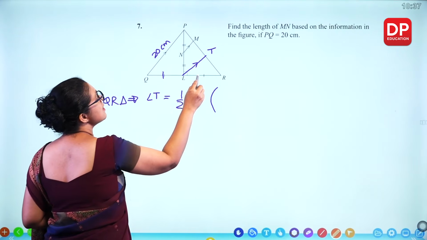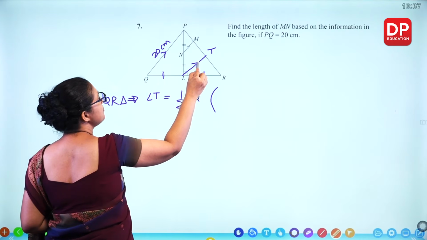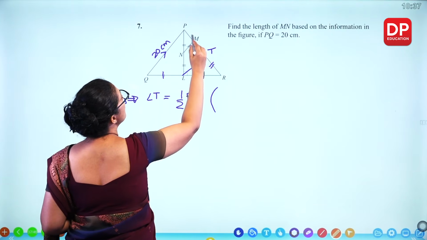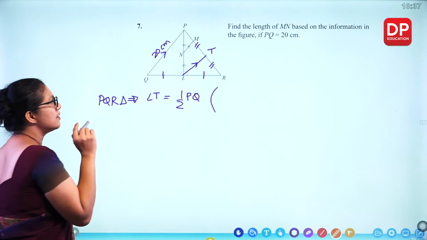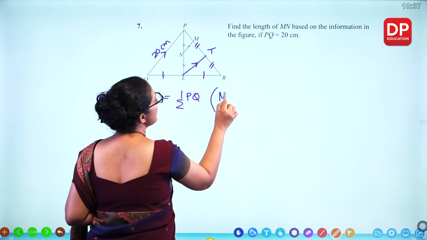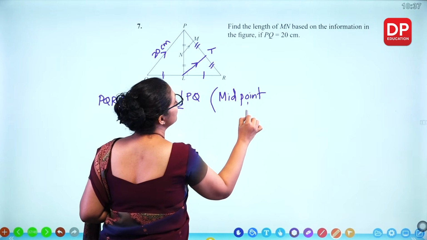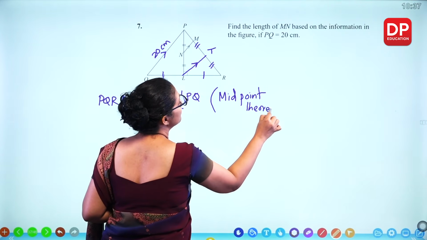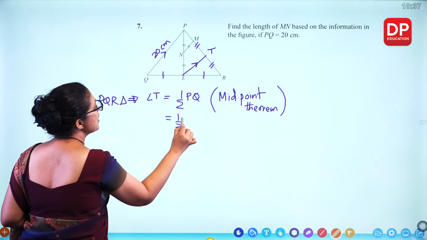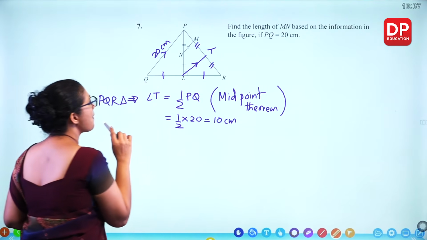If this length is equal to this one and this is parallel, so definitely this side is also equal. Then according to the midpoint theorem, you can write that it's half of it. So half of 20, you get 10 centimeters.